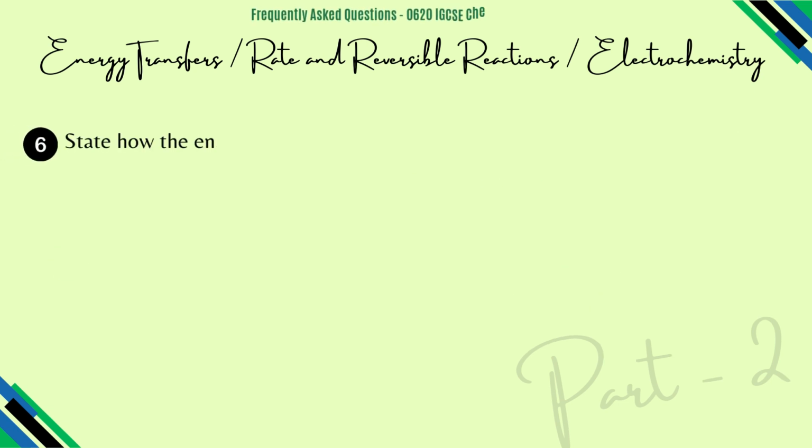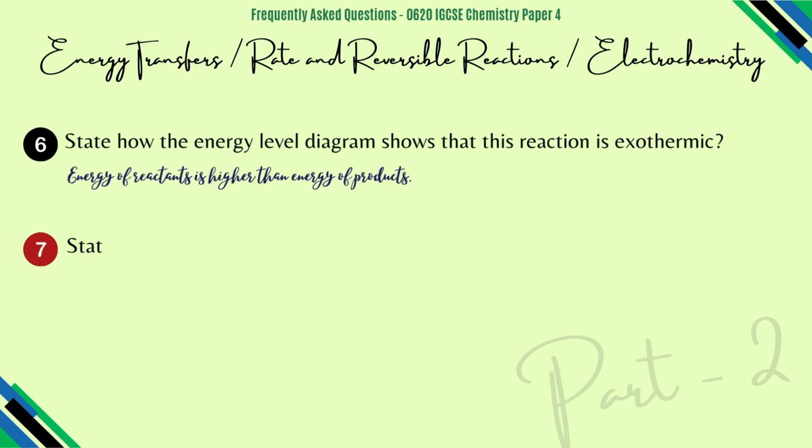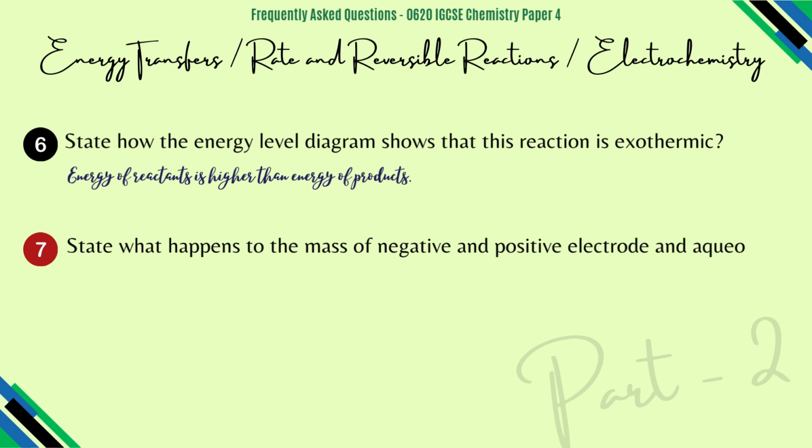Next question, state how the energy level diagram shows that this reaction is exothermic. Now, in the energy level diagram, if the energy of the reactants is high and the energy of the products is low, that means that the reaction is exothermic. Next question, state what happens to the mass of the negative and positive electrode when aqueous copper sulfate is electrolyzed using copper electrodes.